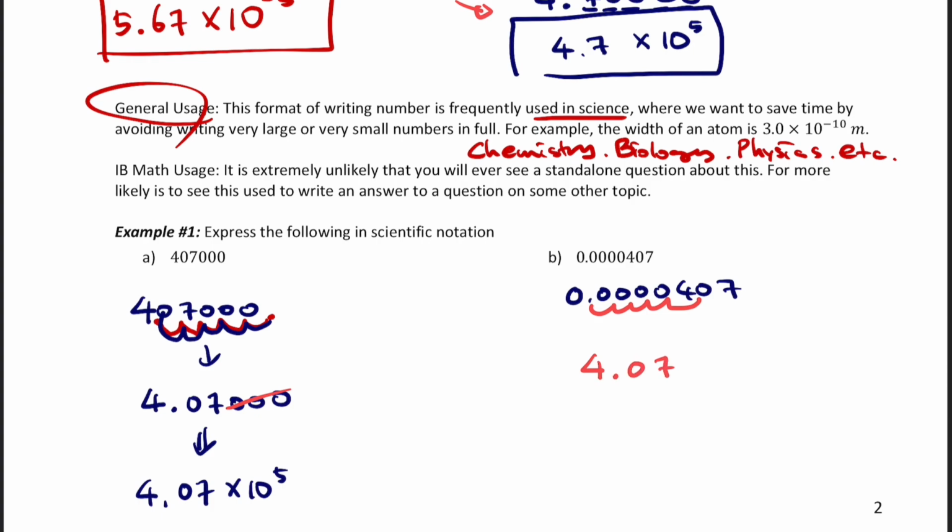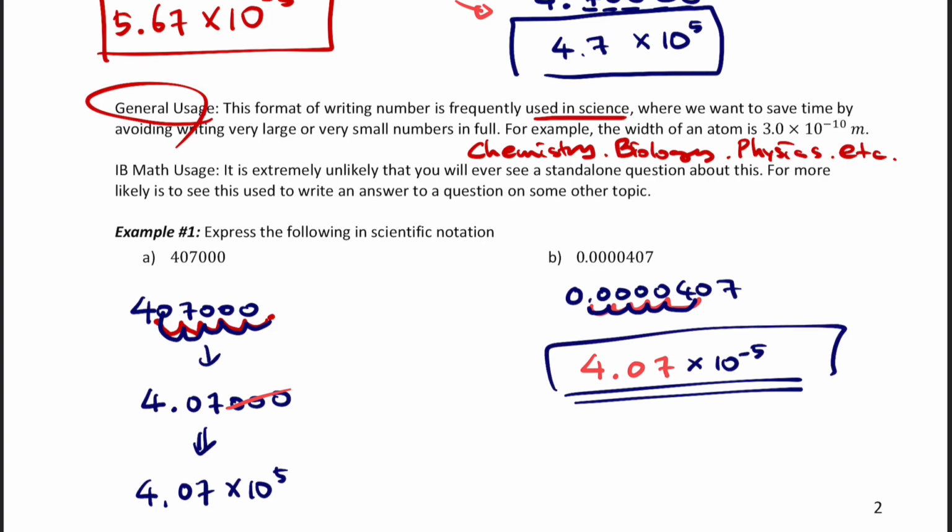However, in this case, we have moved the decimal place 5 times to the right. That means your exponent gets a negative number, so it's 10 to the negative 5. And this is your number in scientific notation format.